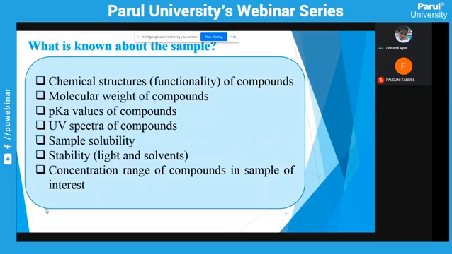That means if the limit of the impurity is 0.15%, then it should be detected up to 0.045%. We can select our sample concentration accordingly, because it is very necessary that we identify our impurities up to that level.